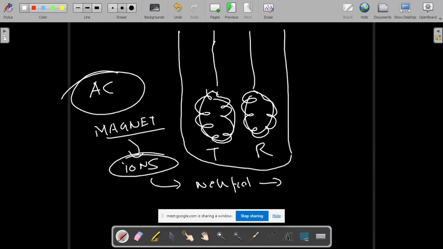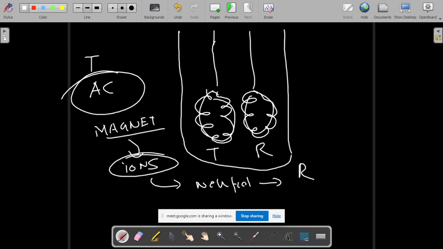See, you are using an AC coil. Because of this coil, it is going to produce a magnetic flux. This magnetic flux will make your ions move. These ions will create a new field. This new field will induce a current in your receiver coil. So it starts from the transmitter coil and this induces an EMF in the receiver coil.